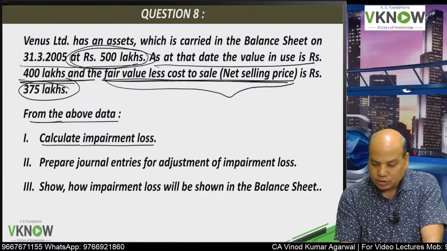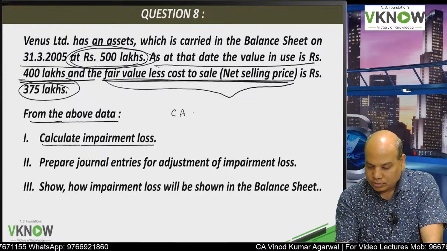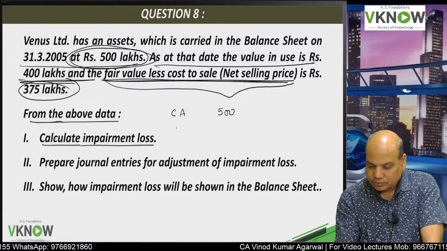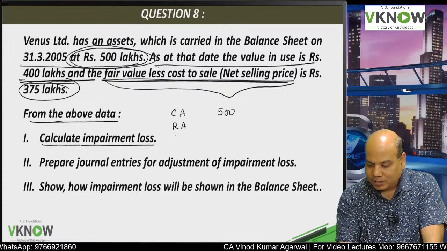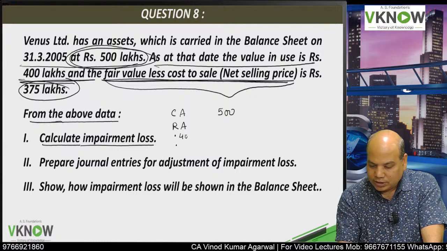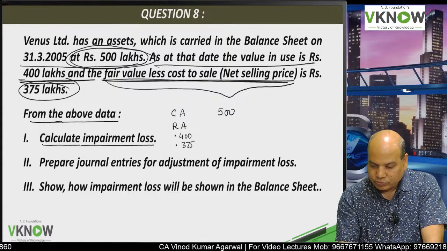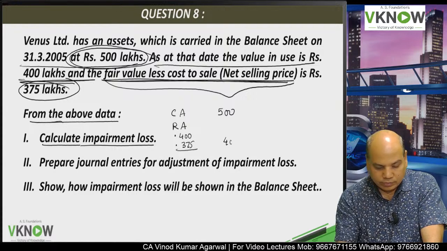So I will tell you impairment loss. Carrying amount is 500. Recoverable amount is higher of net selling price or value in use. So this is 400.